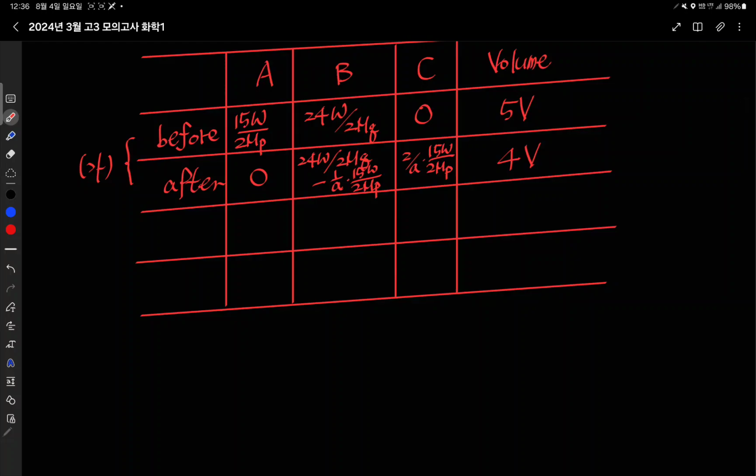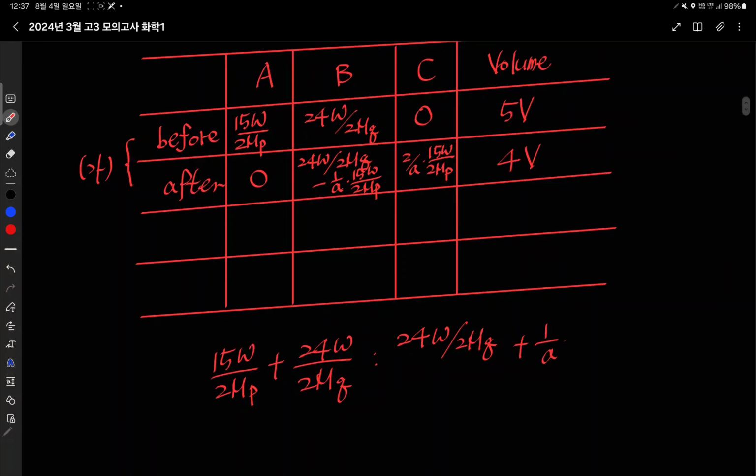The amount of A and B before the reaction is the sum of these two, and after the reaction, or when we add the B and C, we are going to add 1 over A times the amount of A used in the reaction. And this ratio is 5 to 4.